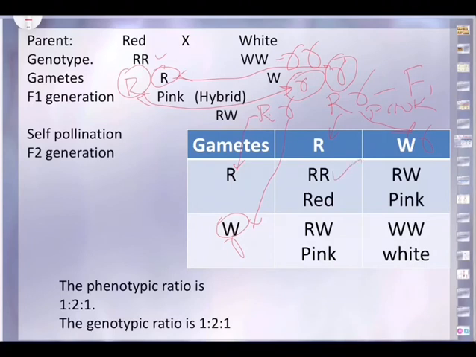Write it as small r. This is coming here. This will come here. As a result, you write capital R with the capital R. So this is pure red, homozygously dominant. And this combines with the small r, so capital R and small r.